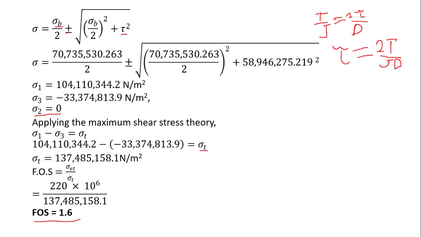And of course, we know J is pi D^4 over 64. So if you want, this can easily also be reduced, where pi D^4 over 32.